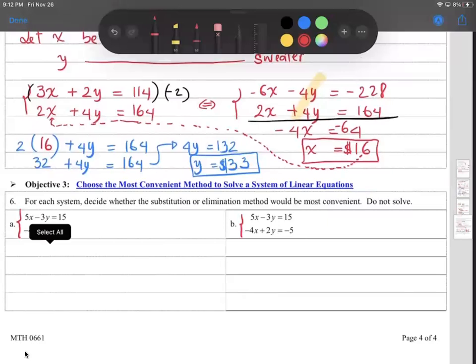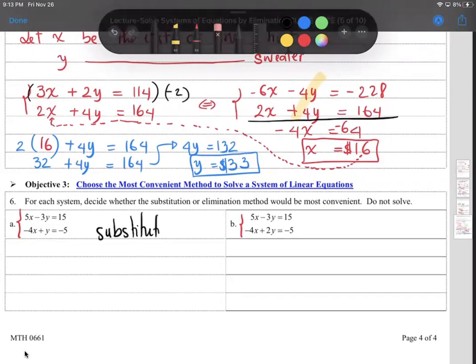I claim that substitution will be the most convenient because the coefficient of y is 1, right? All I have to do is move that -4x to the right-hand side, then I'm done, and I can just substitute into the top equation. So for the first equation, I use substitution. Somebody else can argue, I prefer elimination, which is fine.